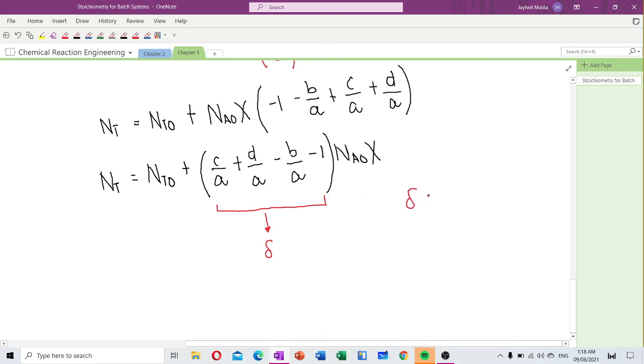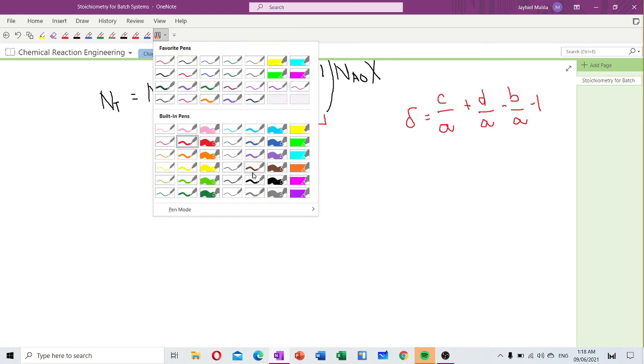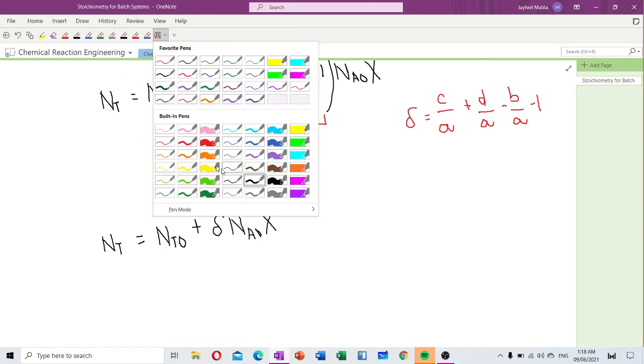Delta equals C over A plus D over A minus B over A minus 1. And then we can rewrite the entire thing: NT is equal to NT0 plus delta NA0x.